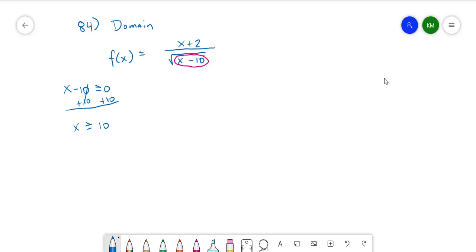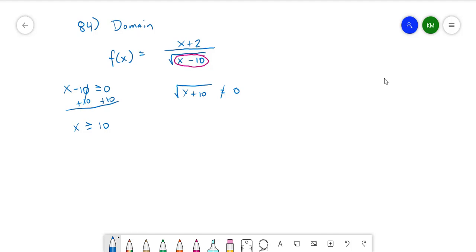But then I say, I've got to make sure that denominator is not 0. So I have a second part where I need to make sure the denominator, and this time I'm including the square root, because we need to make sure that whole denominator never equals 0. On my first test, I wasn't talking about the whole denominator, I was talking about the number inside the square root. That's what can't be negative.